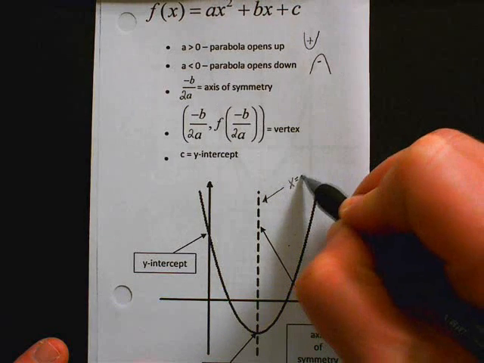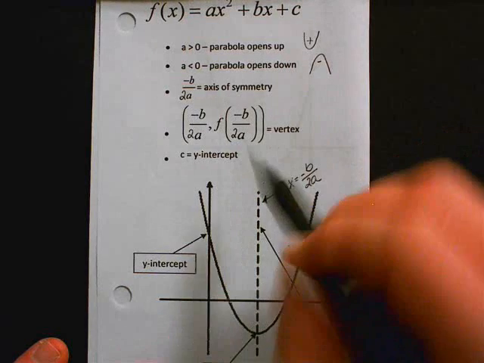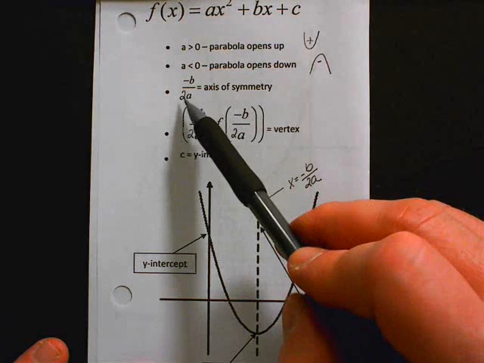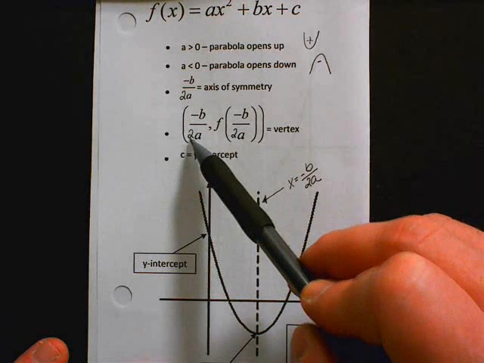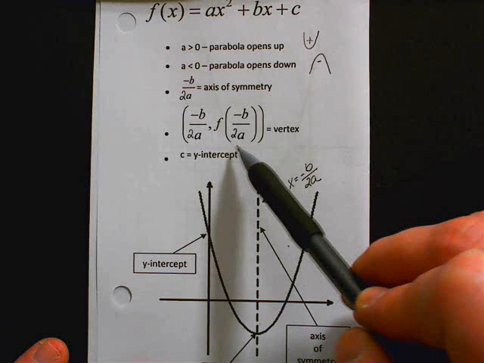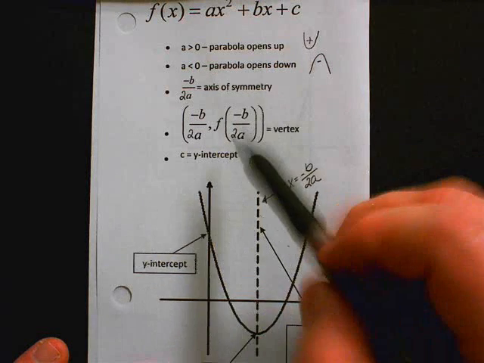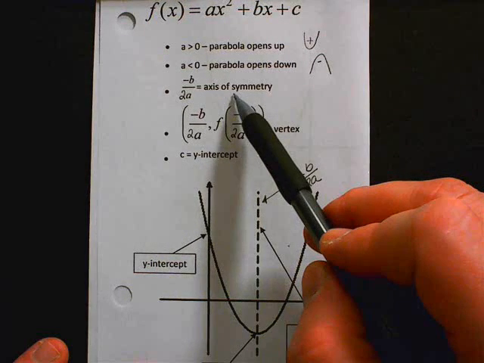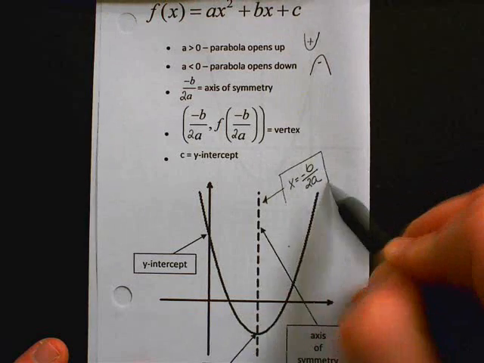If you have your notes, there was a typo, and there's supposed to be a 2 here, here, and here. So please make those corrections if it isn't already done. But again, the axis of symmetry is defined as x equals negative b over 2a. We're going to talk more about that in a few seconds.